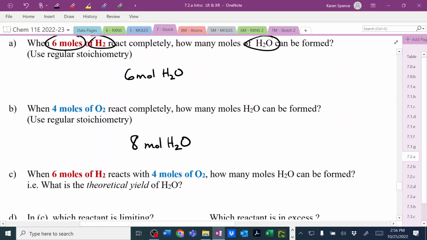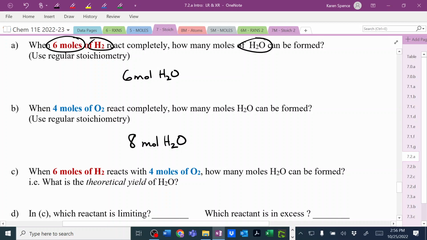So now if we take 6 moles of H2 with our 4 moles of O2, how many moles of H2O can be formed? 6. We just choose the lower number, yes?